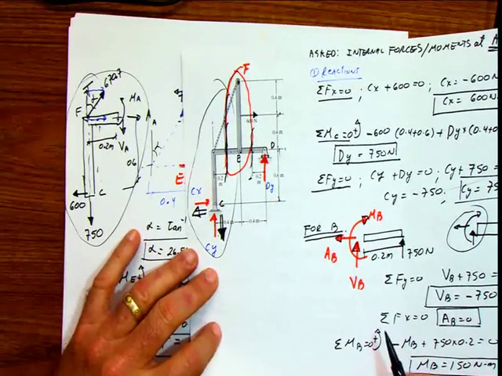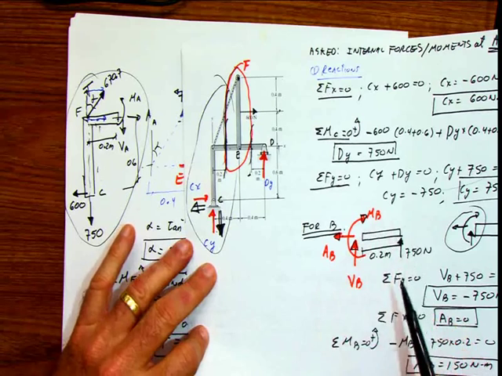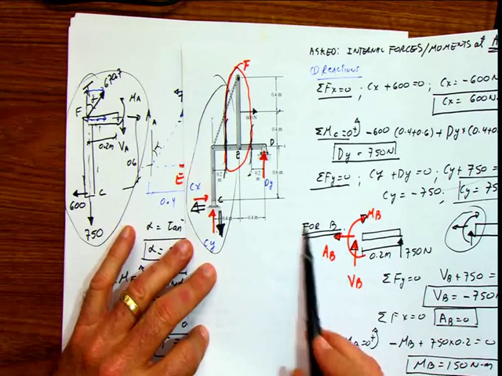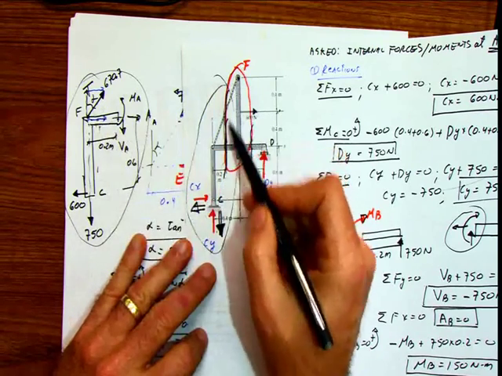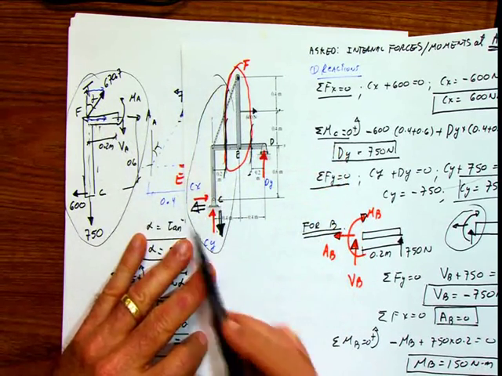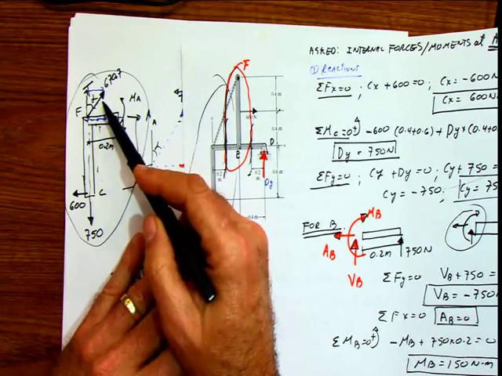Okay, this is the end of the problem. As I said before, we calculated the internal forces and moments at the point B by doing the section there, and then we moved to the point A, did a section at the point A, and realized that we were in need of calculating that tension.